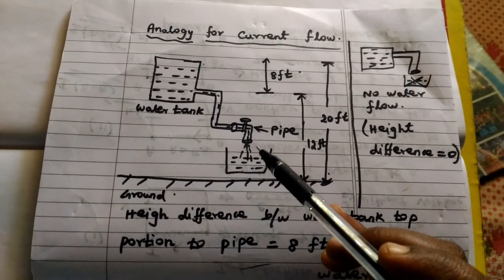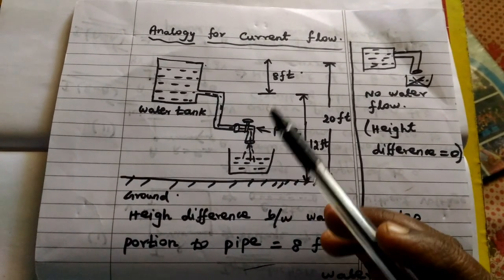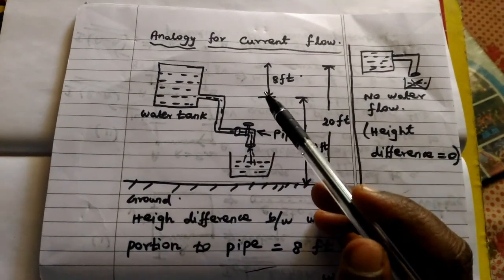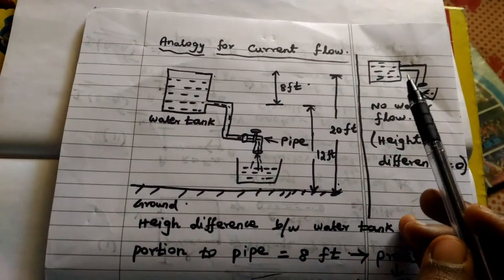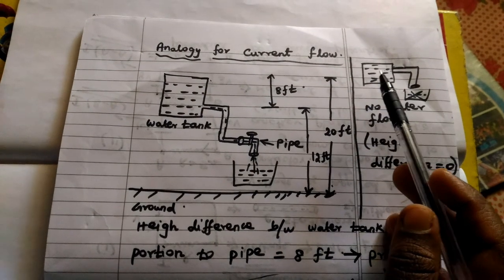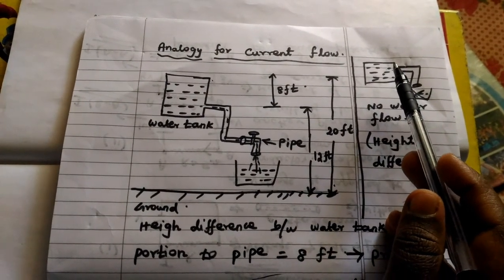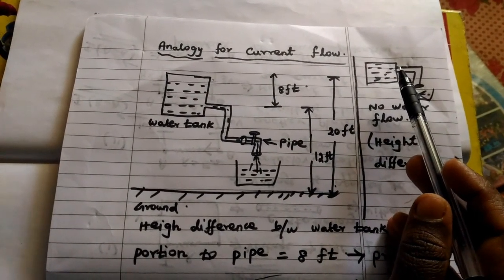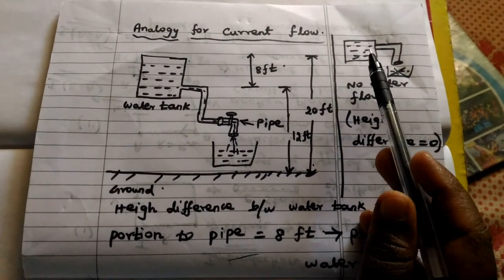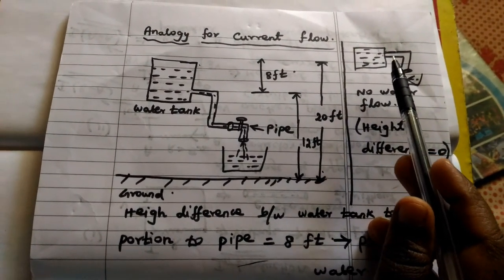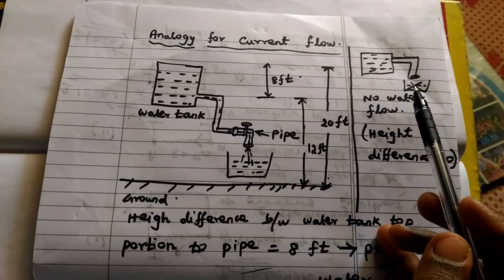Like that, in the electrical circuit, the potential difference is very, very important to move the electrons. For example, for this tank, the pipe is connected at the top portion of the tank. So there is no height difference and no pressure inside the tank, so the water does not flow through the pipe to the container.